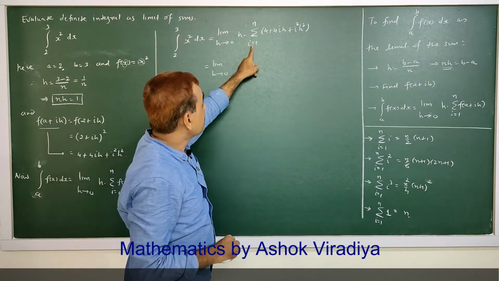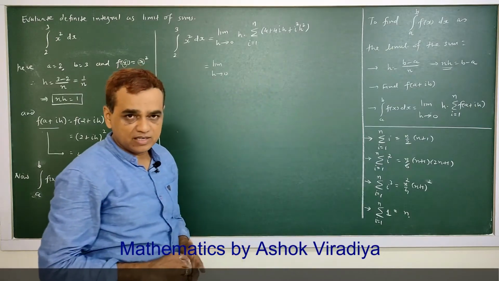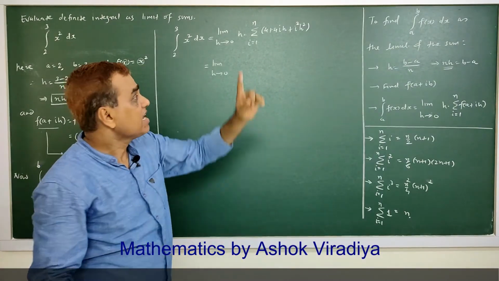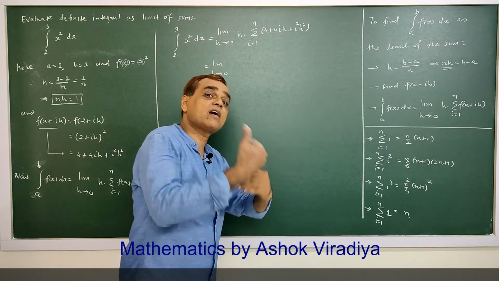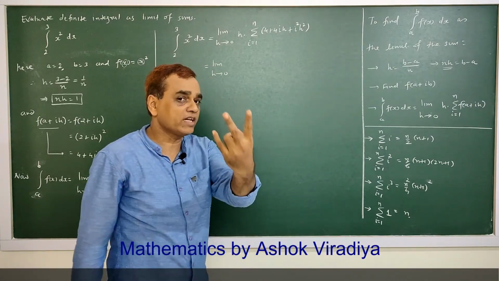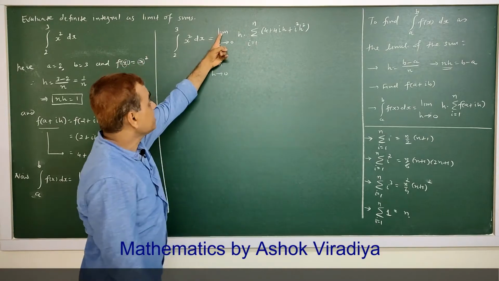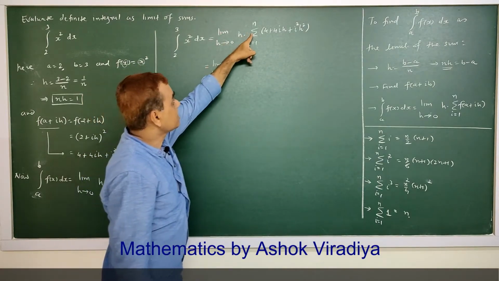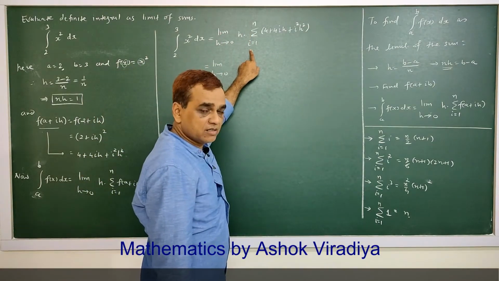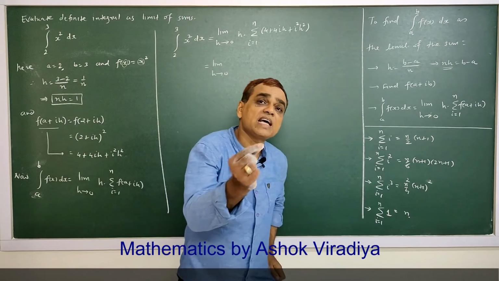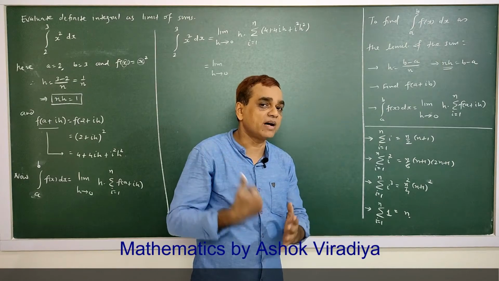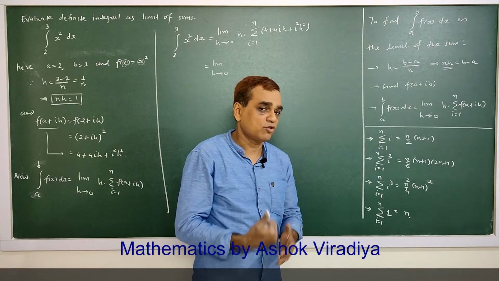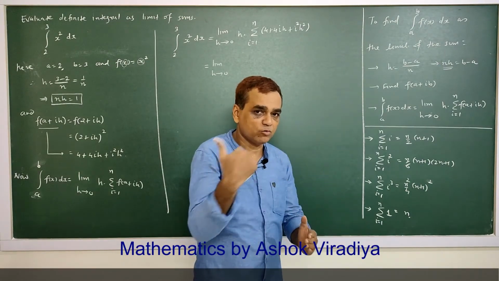For sigma, h is constant, and constants can be taken out. There are two variables: for the limit, h is the variable, and for sigma, i is the variable. For sigma h is constant, and constants are allowed to be taken out of sigma, but i cannot be taken out.